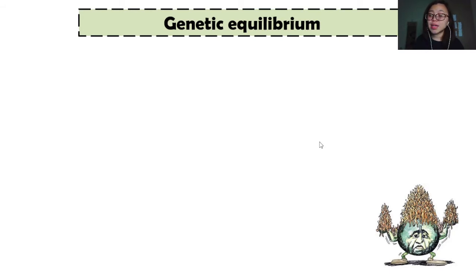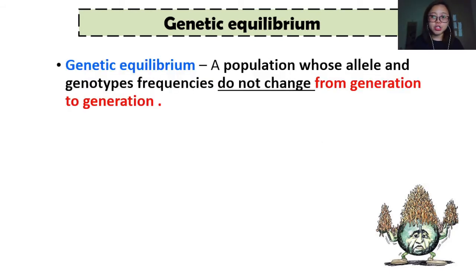Genetic equilibrium can be defined as a population whose allele and genotype frequencies do not change from generation to generation. This means if in a population the allele frequency P in this generation is 0.3, and the population is in genetic equilibrium, then whether it's the first, second, third or fourth generation, when you calculate the allele frequency again, it will still be P equals 0.3.